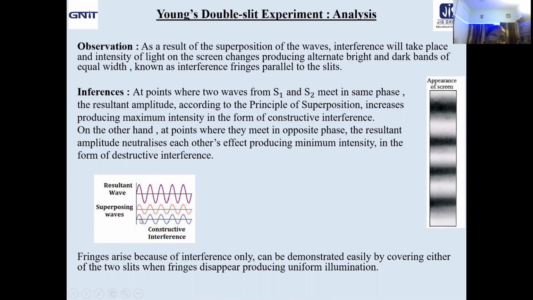Two are added, and here also they are added, but in the opposite direction. So we are getting alternating positions of maximum and minimum in the resultant wave. I can't say this is minimum, because both are maximum but in opposite directions.